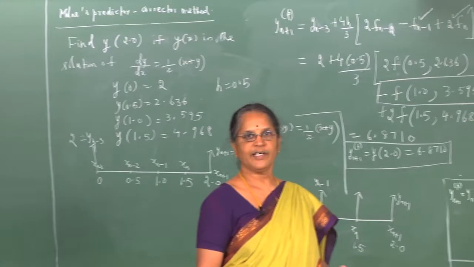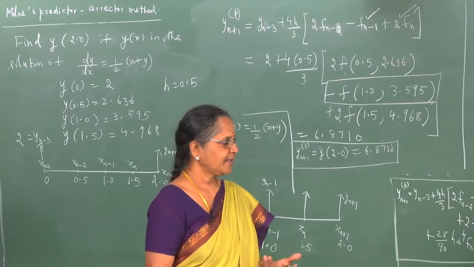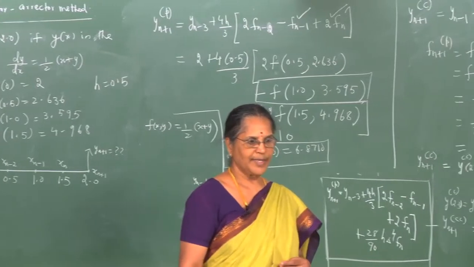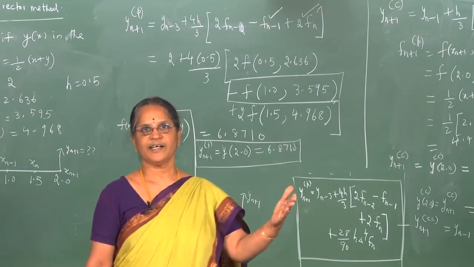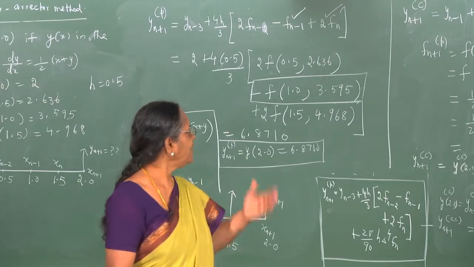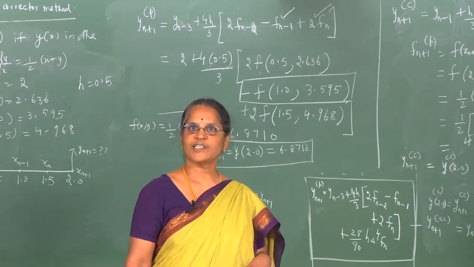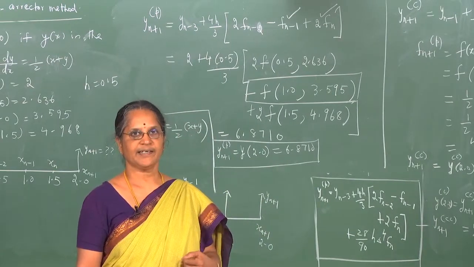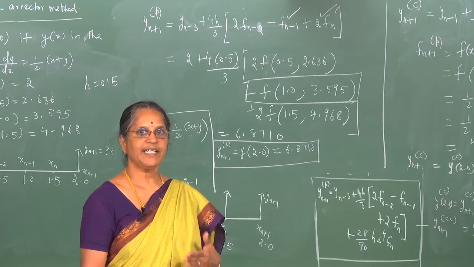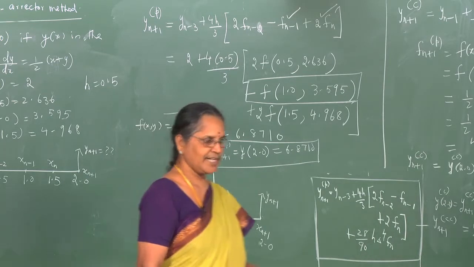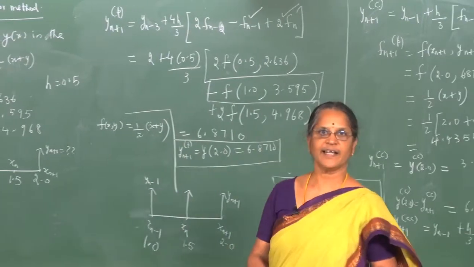So far we have considered 3 predictor-corrector methods, namely modified Euler's method turned out to be a predictor-corrector method, and then we derived Adams-Moulton or Adams-Bashforth's method, which is again a predictor-corrector method, but this method is a multi-step method, and in this class we have derived Milne's predictor-corrector method.